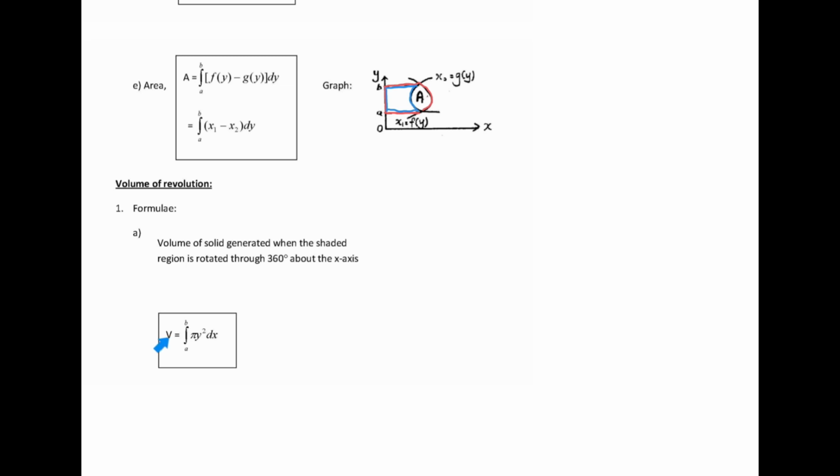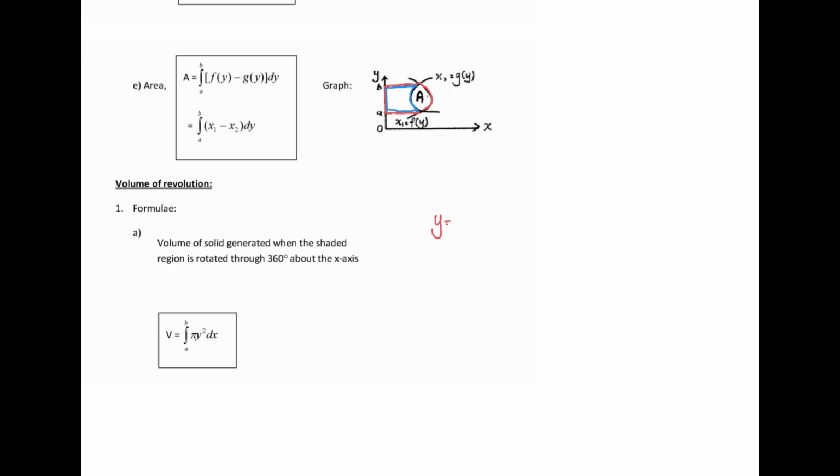So the formula we discussed just now: volume equals integral from a to b of pi y squared dx. You have to square the function, put limits on the integration, and multiply with pi. Okay, so this one we discussed before.